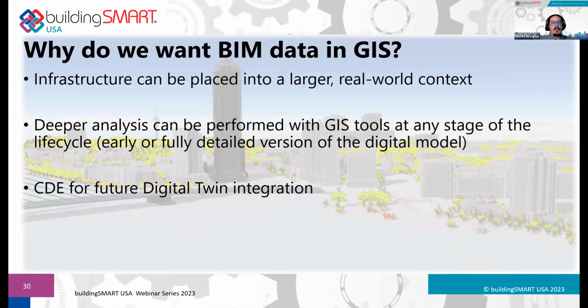Also, using GIS, we can create deeper analysis of the data during the life cycle of the infrastructure, even using a very generic model to a very detailed model. And also, it gives us a common data environment for future integration with digital twins.